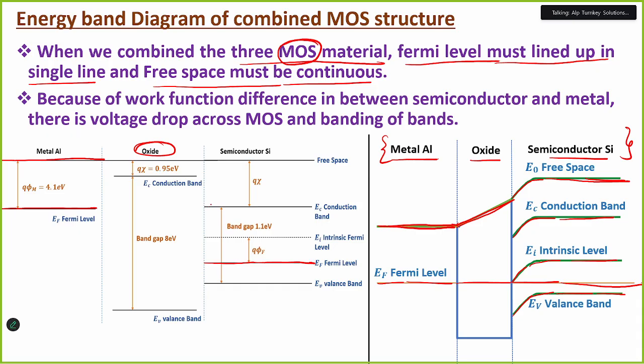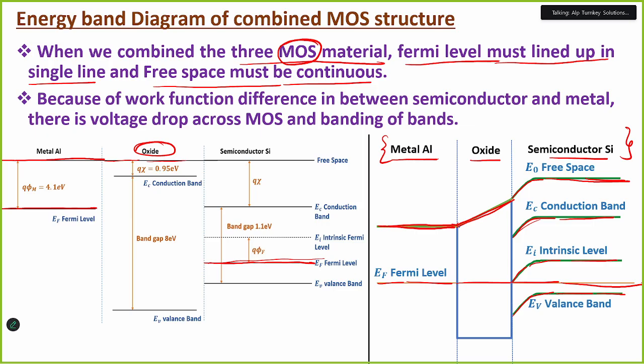So I'm making the free space common and combining all the Fermi levels. The Fermi level is also common. Fermi level common means here the Fermi level is down, so you need to bring it up. That's why you are getting it like this in the semiconductor, whereas for the oxide you are getting a ramp function.